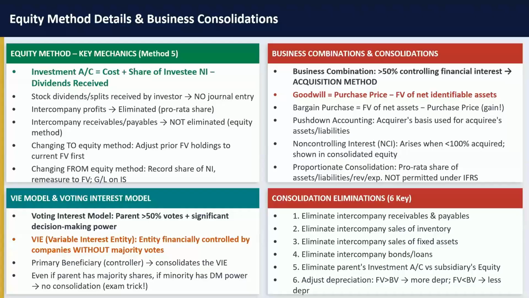Now what will I do? I will search for the company which has the maximum percentage of capital, 40% in this case. For that company, I will consider it the primary beneficiary. This primary beneficiary will consolidate all the financial statements of the other small companies. Okay, this is how the variable interest entity model works.